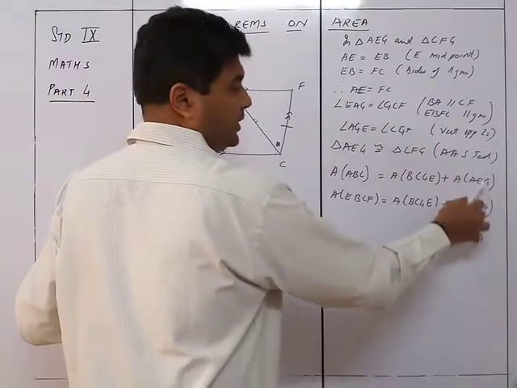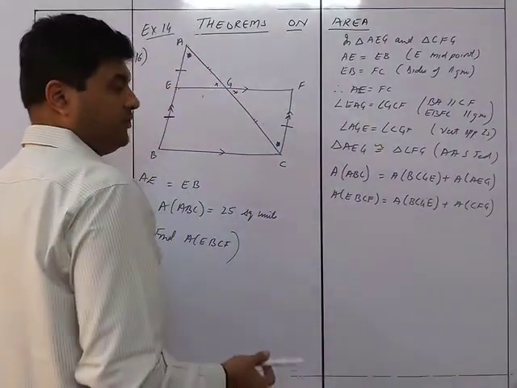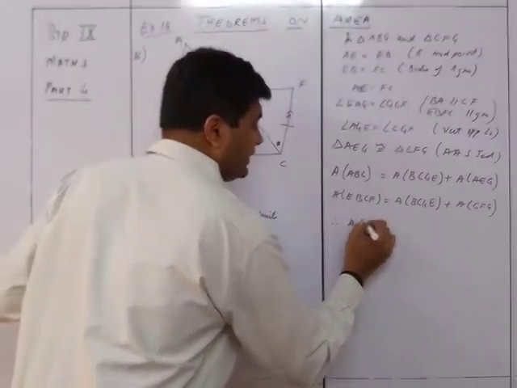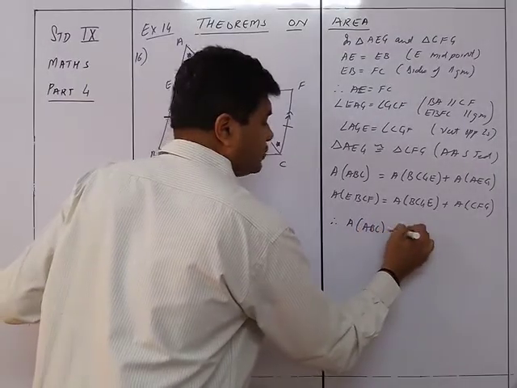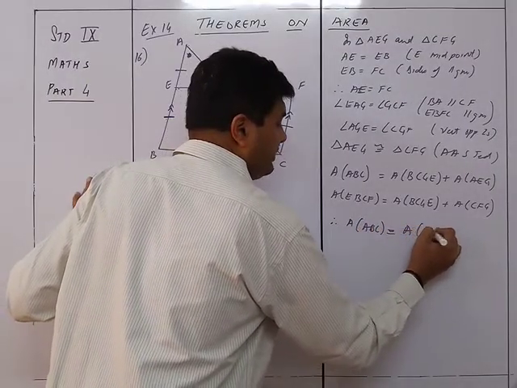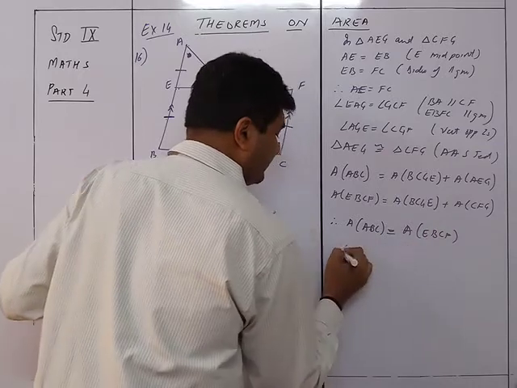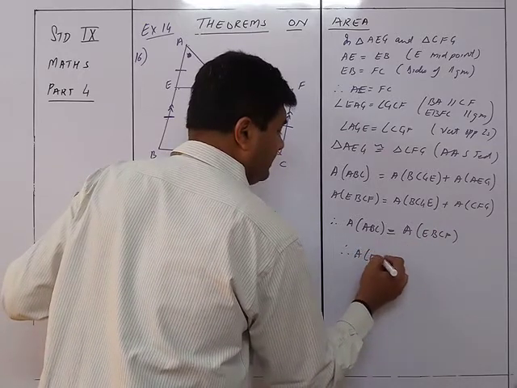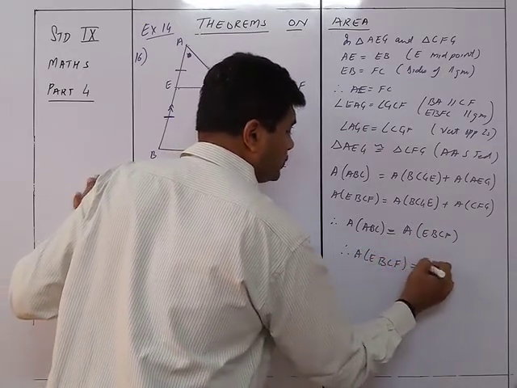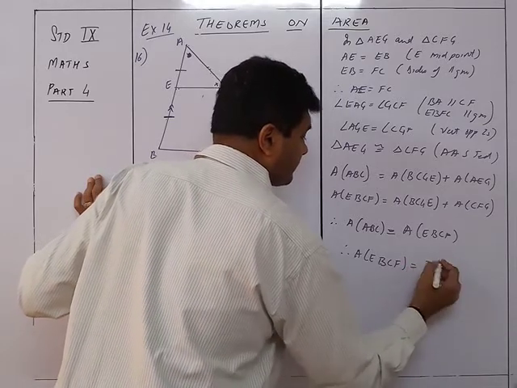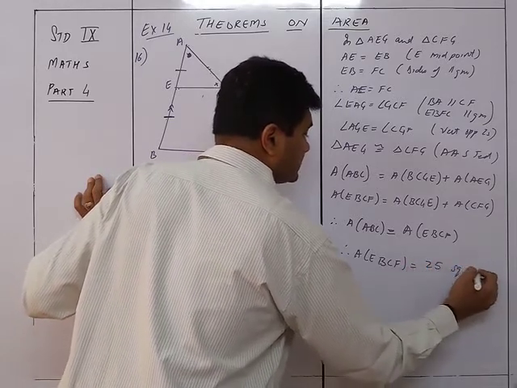But because these two are equal, therefore area ABC is equal to area EBCF. Therefore area EBCF is equal to 25 square units.